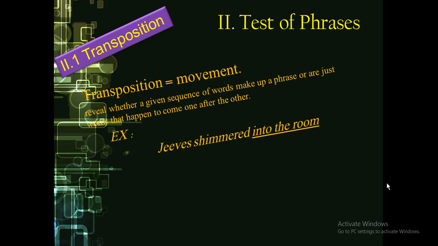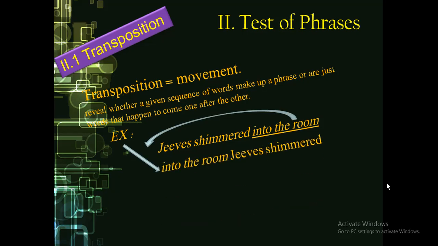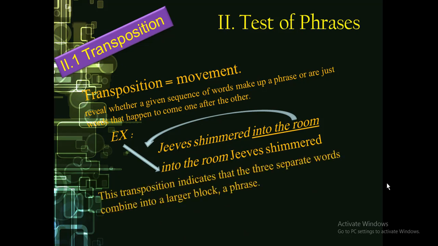For example, Jeff simmered into the room. The phrase into the room here moves to the front of the sentence, then becomes into the room Jeff simmered. Okay, it is transposition. This transposition indicates that the three words combine into a larger block, a phrase. It's a kind of variation.